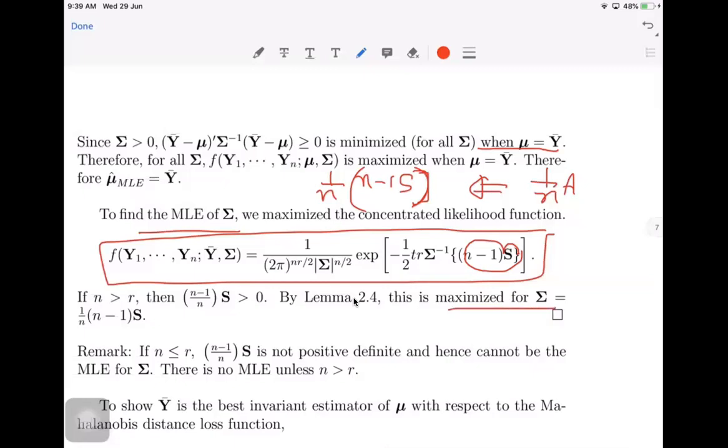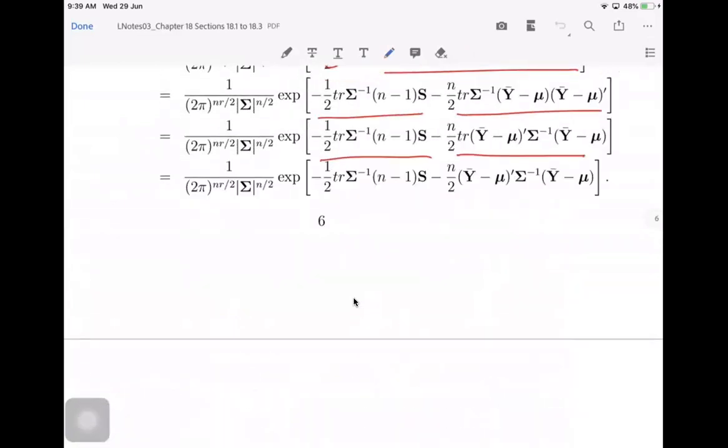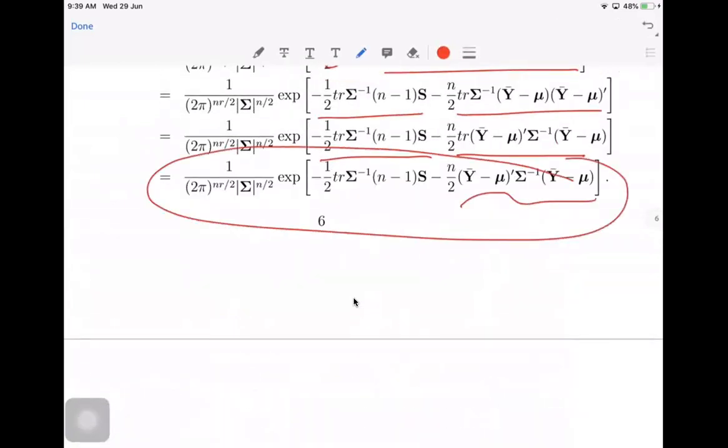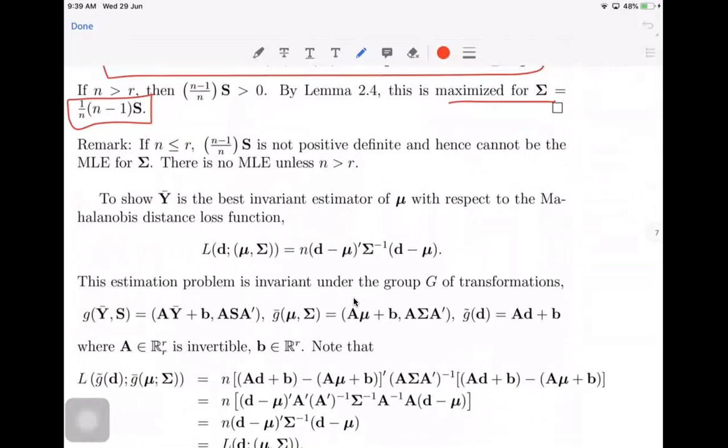So using that lemma, we say that sigma is maximized at this value. So that is your maximum likelihood estimate for sigma. So you just convert this one. So this is not a function of S. So matangtang na siya. So what remains is this one, no? To use the lemma. So if this is not satisfied, you know that in the theorem, we specifically noted there that this should be satisfied.